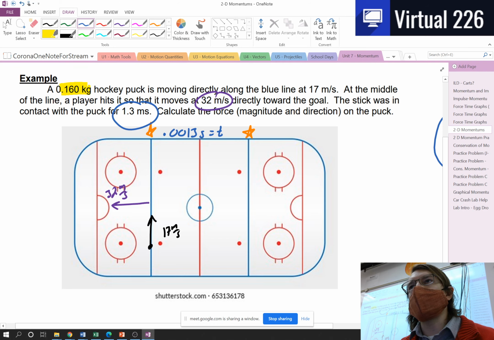What is the size of the force? And what is that direction? So that's kind of our setup in this problem. That's kind of our diagram.